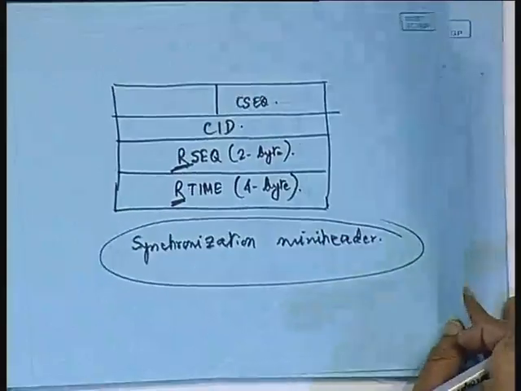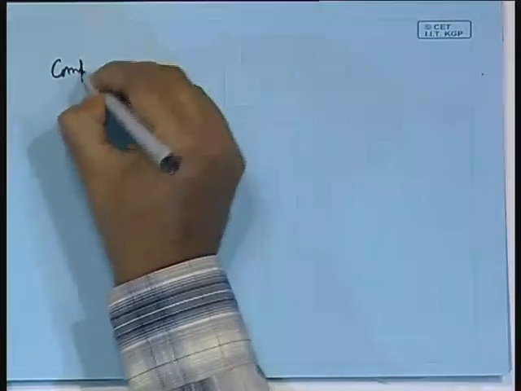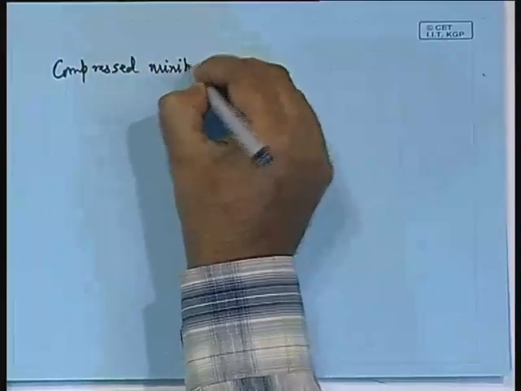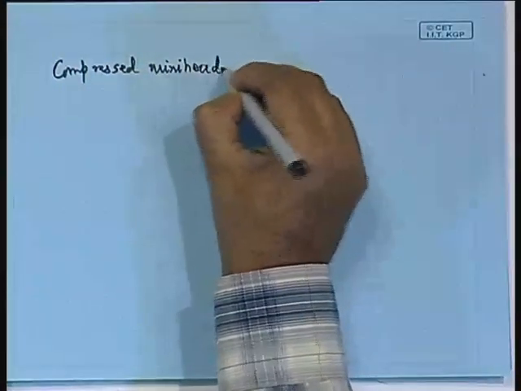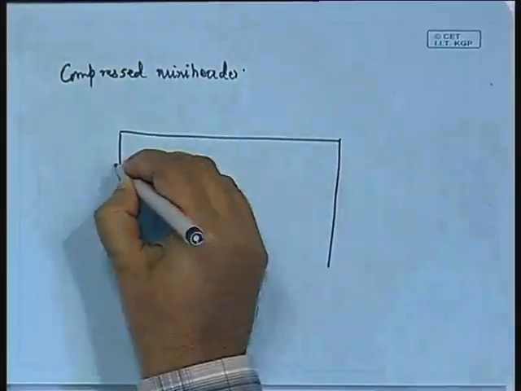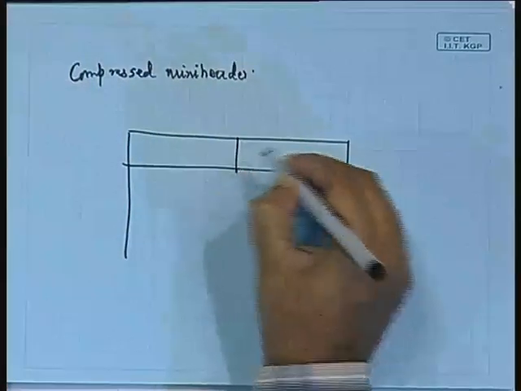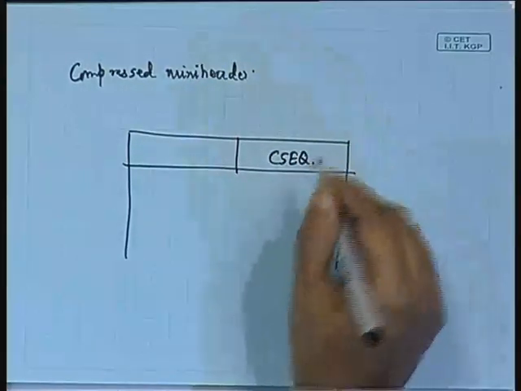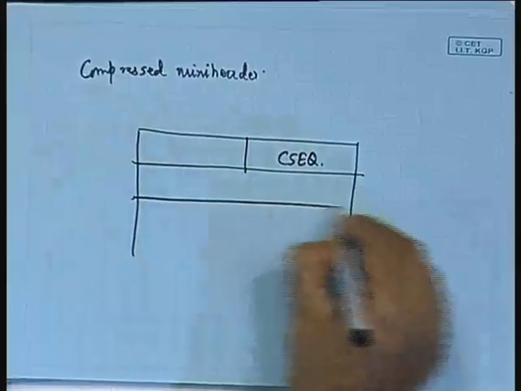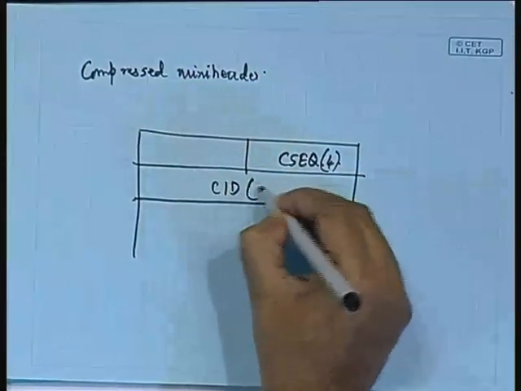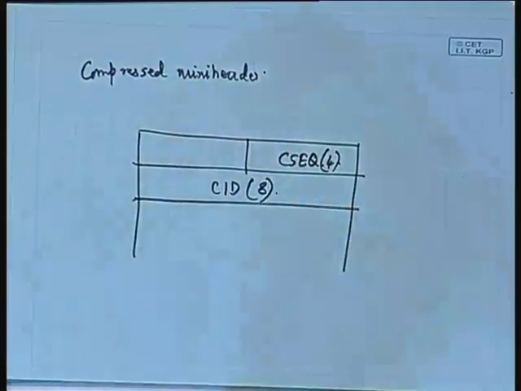And the third form of header is the compressed form. The compressed form of mini header is only 2 bytes of information. The compressed mini header just contains some identification that it is a compressed mini header, but there will be a context sequence number C sequence of 4 bits followed by the context identifier of 8 bits only, that is all.